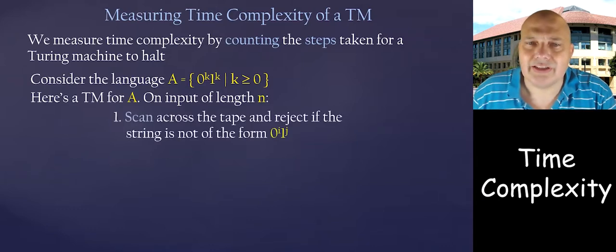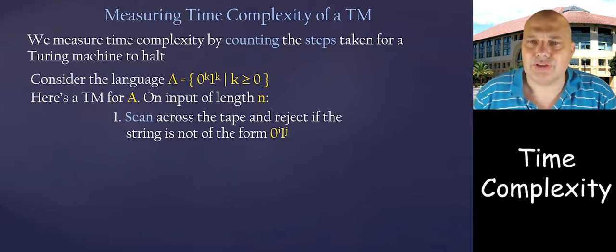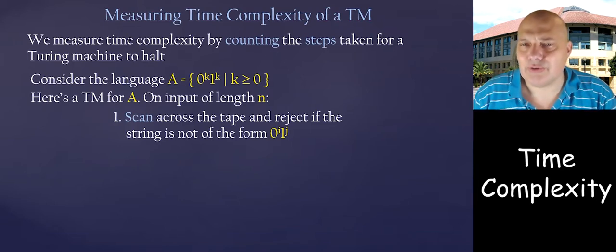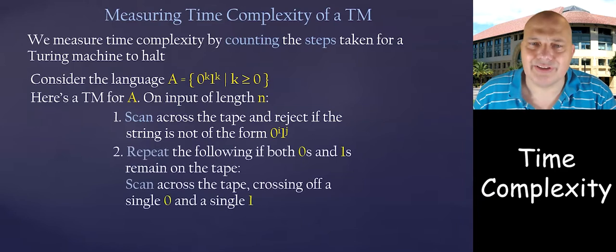One, scan across the tape and reject if the string is not of the form 0^i 1^j, meaning the input is not starting with 0s. At the moment we see the first 1, it has only 1s going forward. Otherwise we can immediately reject. This is a simple operation.